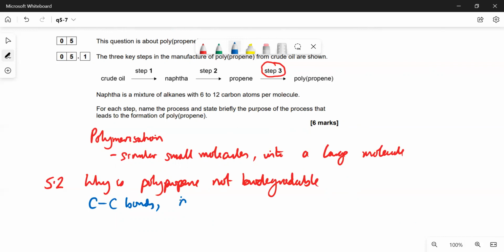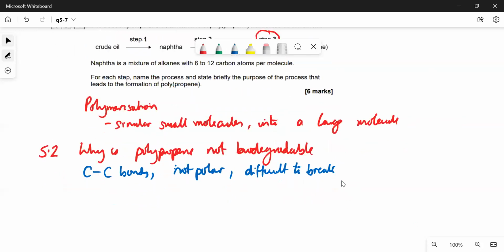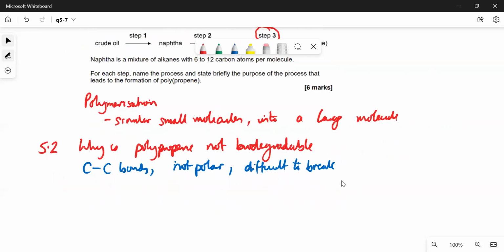They're not polar, and that means they're difficult to break. It's probably not really an appropriate question for AS, because I think they usually ask that question at A level when you've done polyesters. Polyesters have that linkage in them like that, and they are biodegradable because you've got a polar bond there. But in this one, carbon-carbon bonds are not polar, so they're difficult to break.